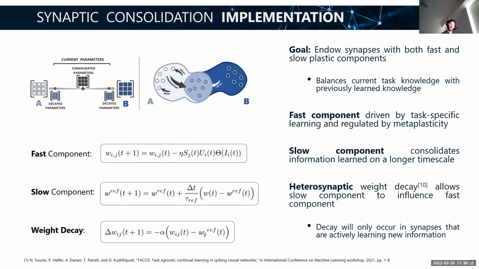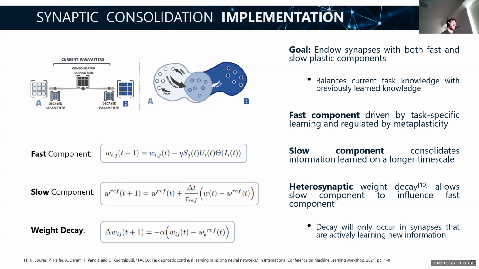The slow component gives you a sense of where you were previously, but now we need to say, okay, if this is where I was before and this is where I am now, I want to go back there at least a little bit. And we do that through heterosynaptic weight decay.